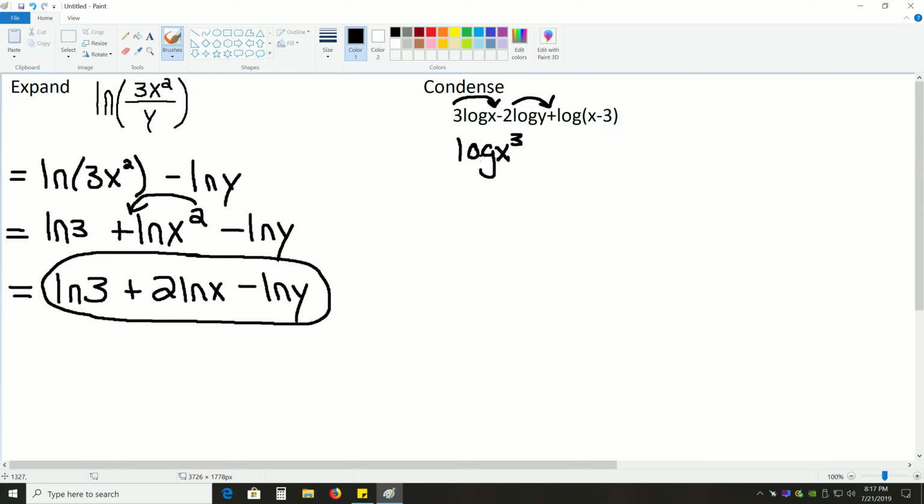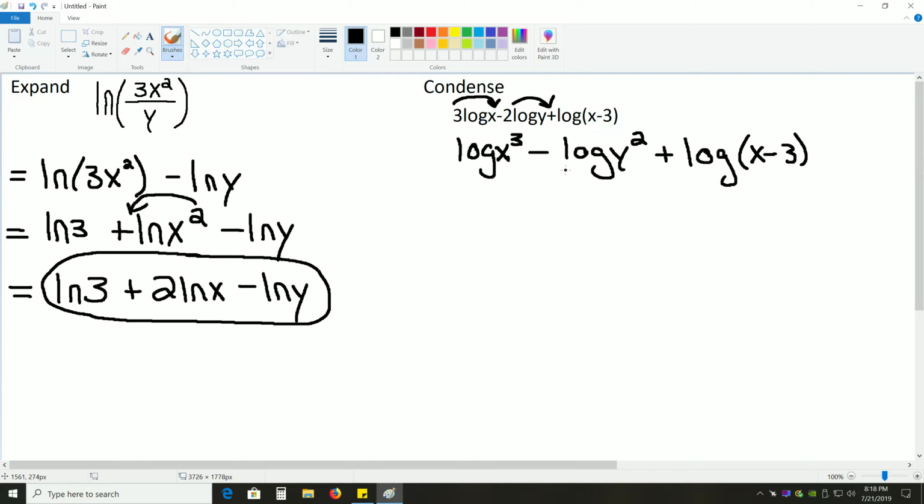If it's hard for you to memorize that, put parentheses around whatever is inside of the log. Okay, and from here we have minus the 2 is going to become the exponent of the y, so we have log y squared, and then plus log of x minus 3.